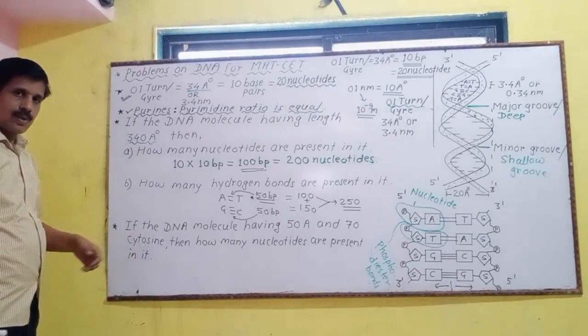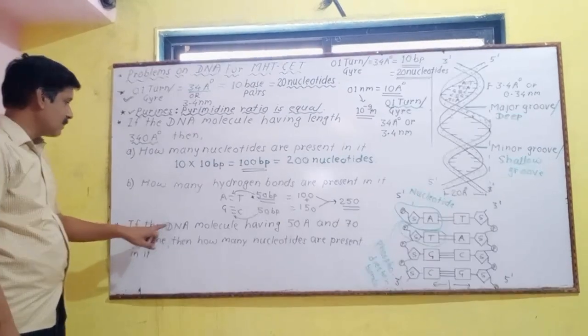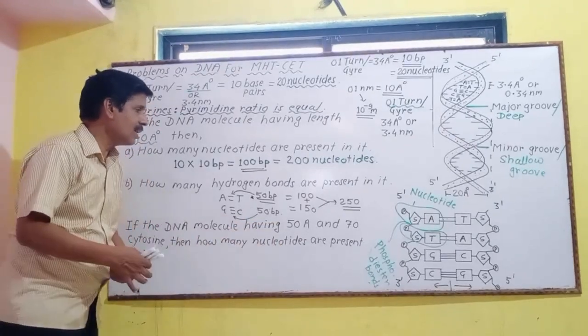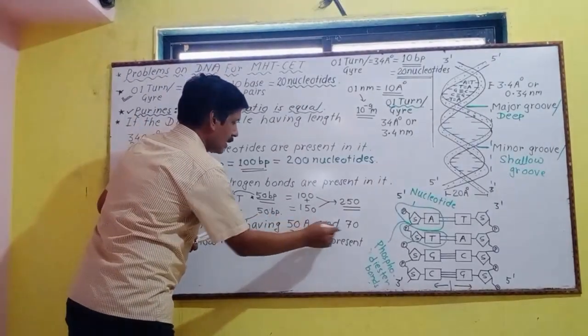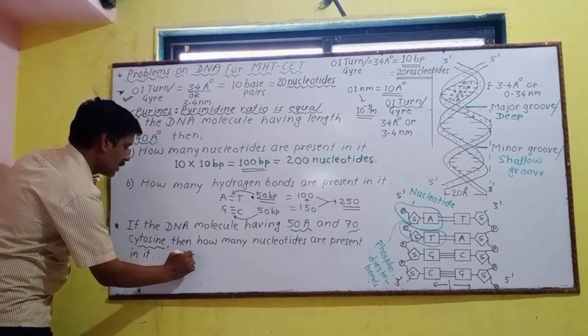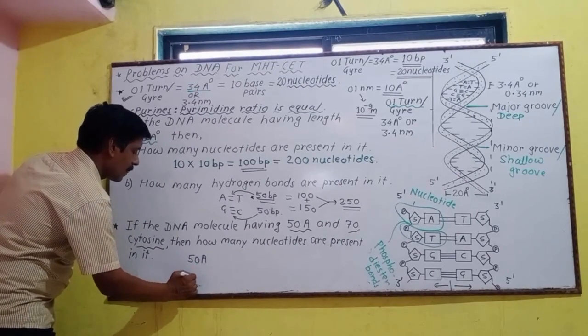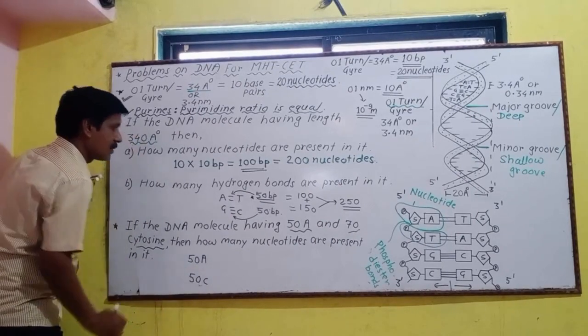Then sometimes the question may be asked on Chargaff's rule. That is, if the DNA molecule has 50 adenine and 70 cytosine, means the given data is 50 adenine and 70 cytosine.